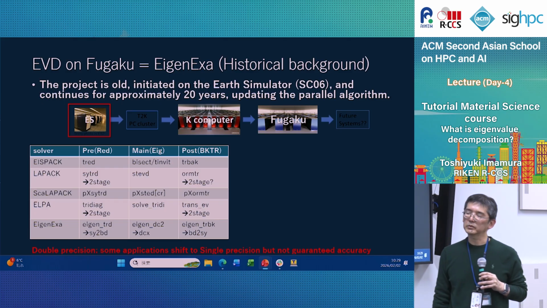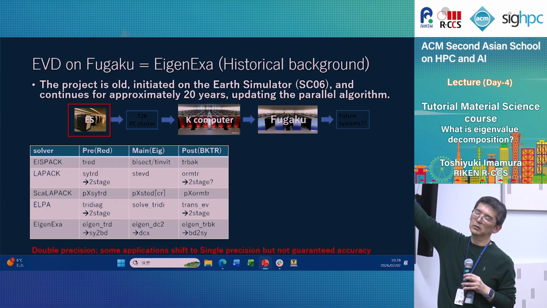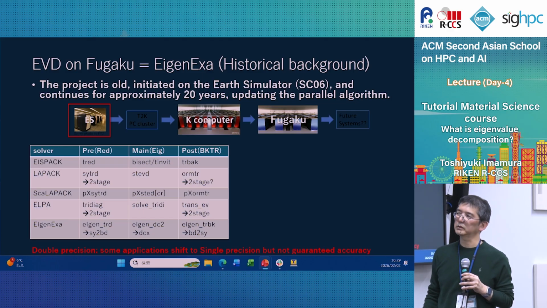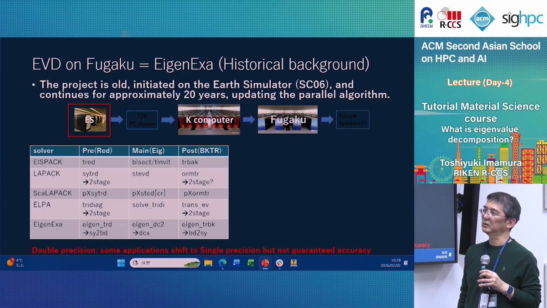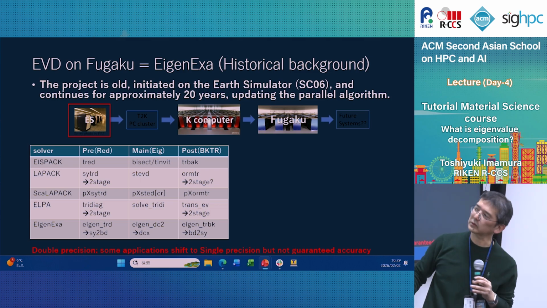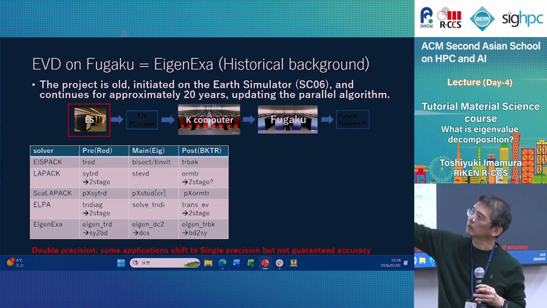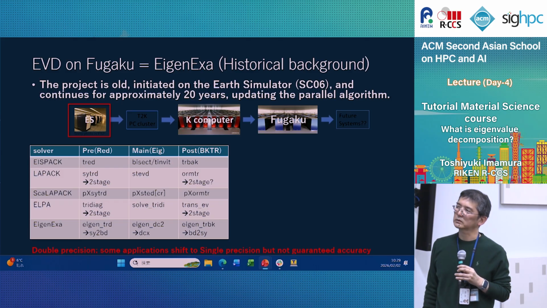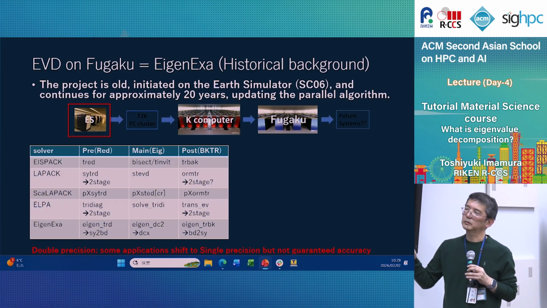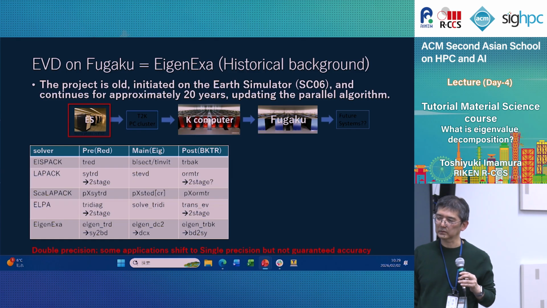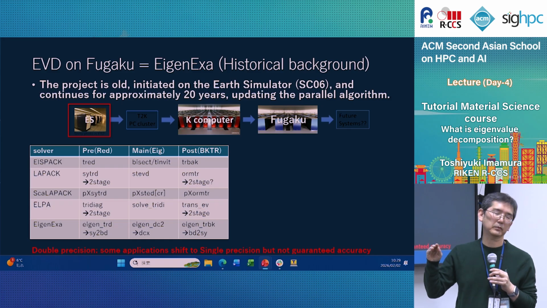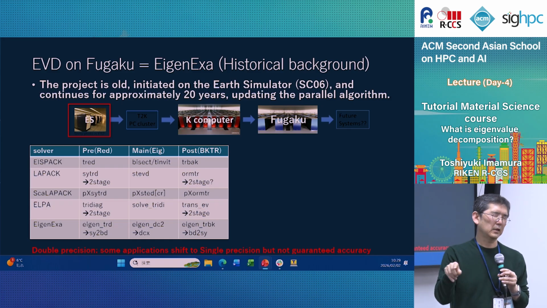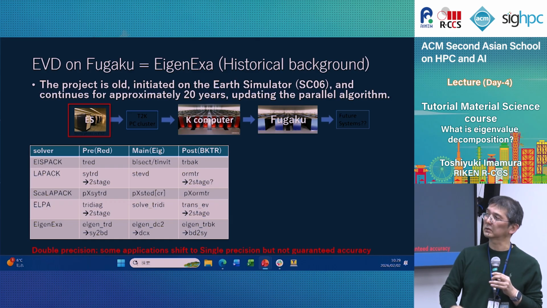I think more than 200, almost thousands, of numerical and HPC scientists and engineers contributed to the development, so they are very reliable software. LAPACK and ScaLAPACK still keep their position as the de facto standard of numerical software. You can find this software anywhere in supercomputers or data centers.